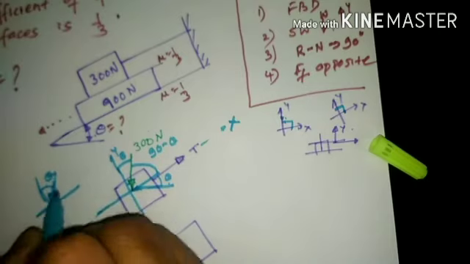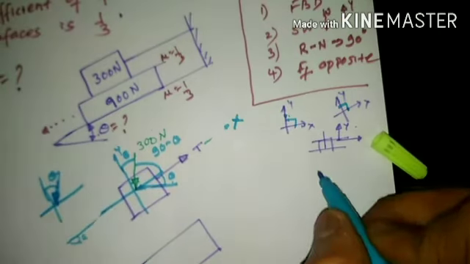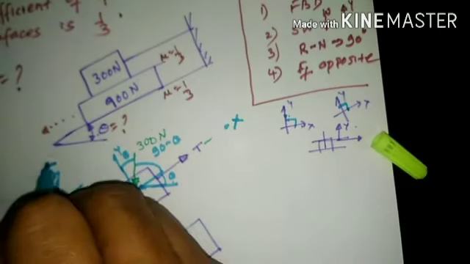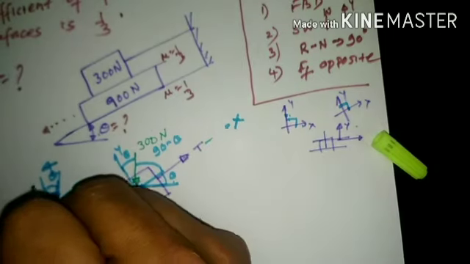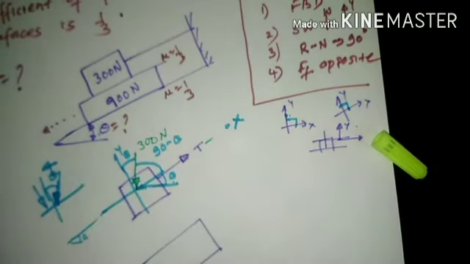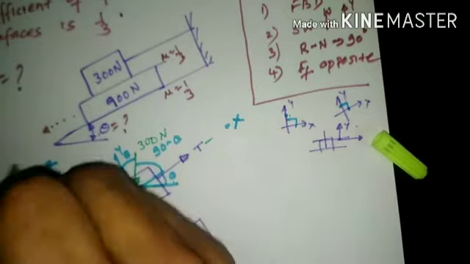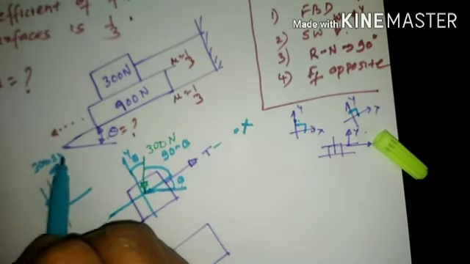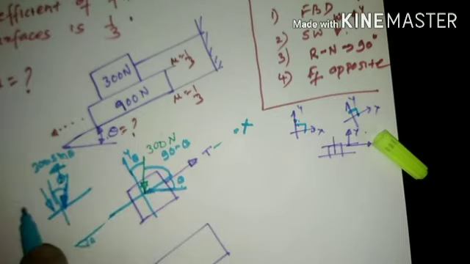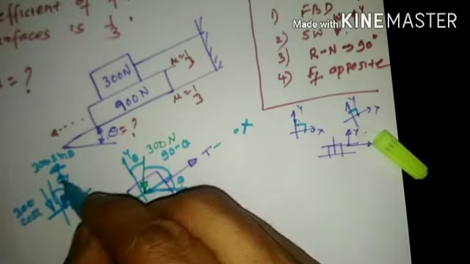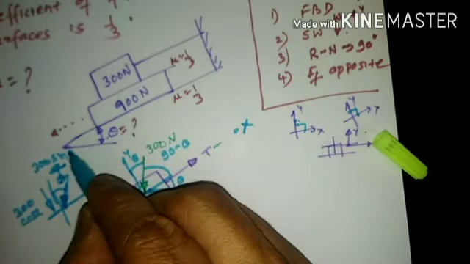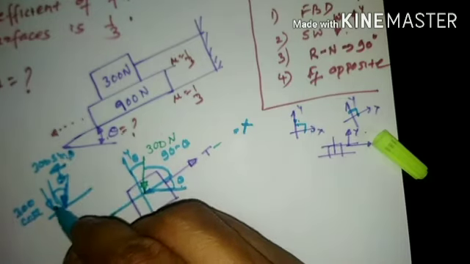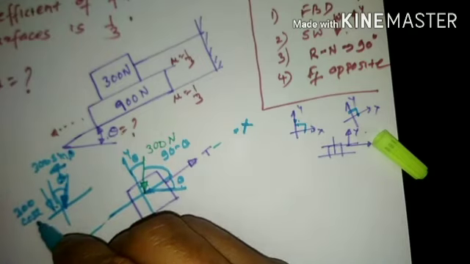Now if we resolve this, the resolved force components will be a horizontal force component on the left-hand side and a vertical force component downward. To this theta, this is opposite, so it shall be called 300 sine of theta. And this will be 300 cos of theta, because to this theta, this is opposite, so sine of theta, and if this is opposite, this has to be adjacent, so this has to be cos of theta.